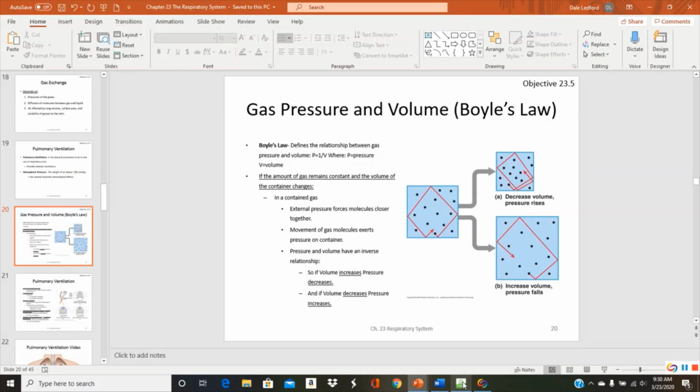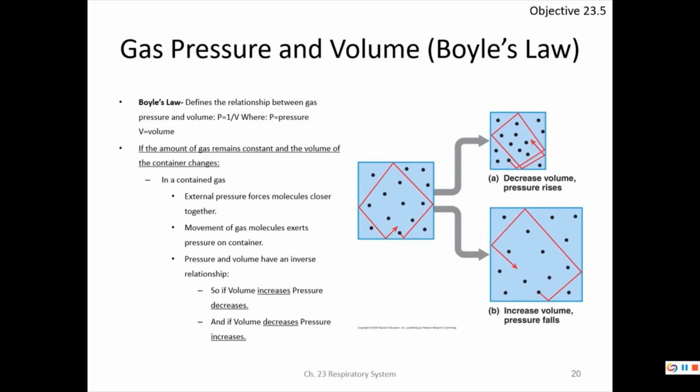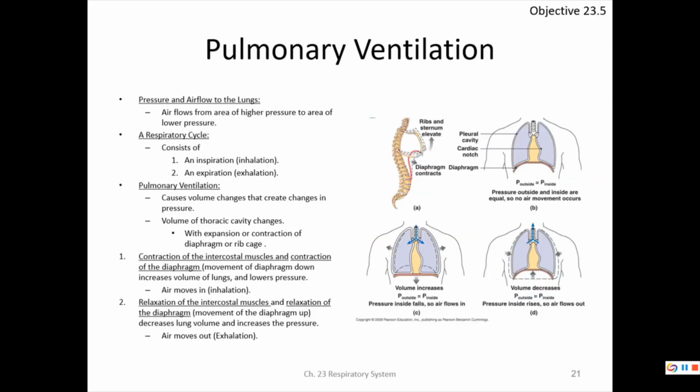Okay, so now that we understand that, it's going to be easier for us to understand how the lungs work. So pulmonary ventilation is us moving air in and out of the lungs. And gases are kind of like students. Remember, blood is like students in the heart. Well, gases are like students. And why are gases like students?